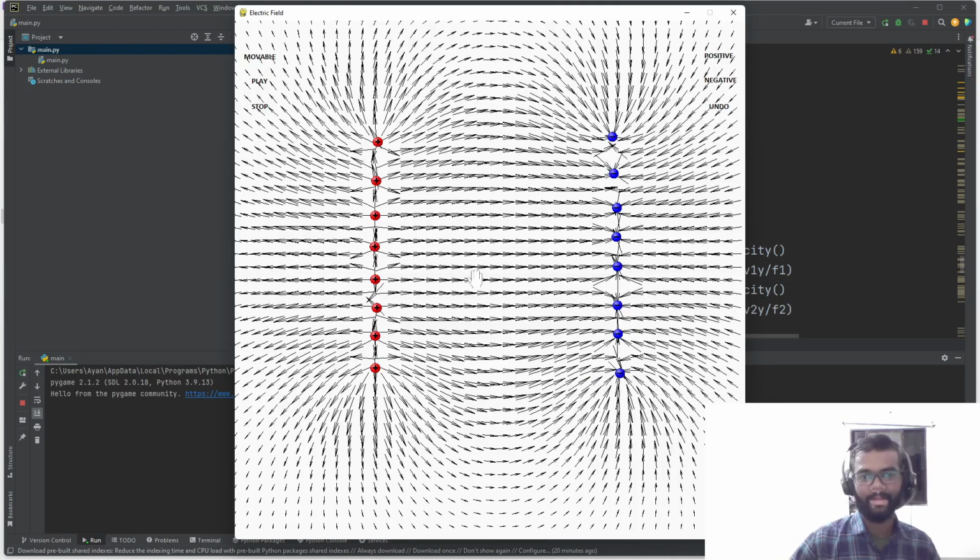So yeah, you see, inside it's perfectly symmetrical and so beautifully aligned, right?